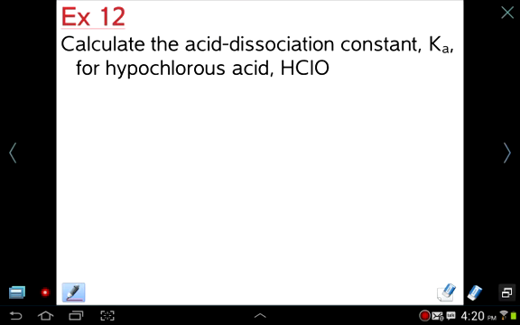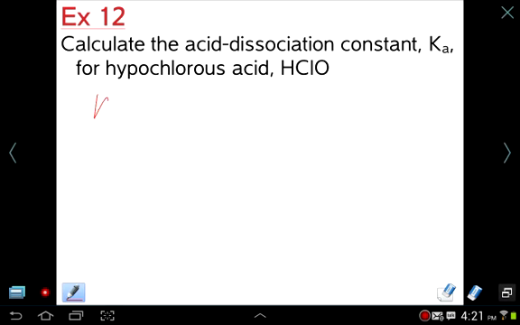Here we're asked to find the acid dissociation constant Ka for hypochlorous acid. Now it turns out, if you take a look in the back of your book, in Appendix D, hypochlorous acid is given a Ka in the back of the book.